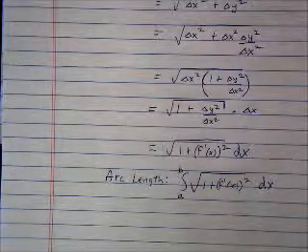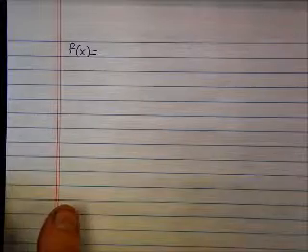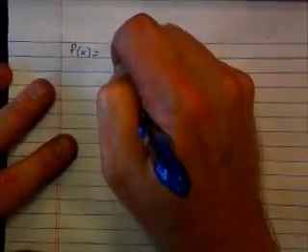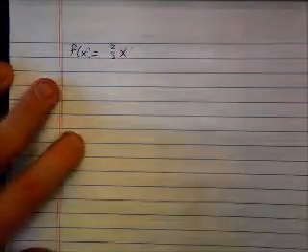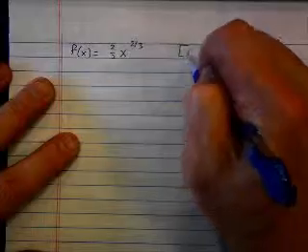All right, so I'm going to pick a function here. I'm going to use one out of the book. f of x is 3/2 x to the 2/3, and we're given the interval from 0 to 1.